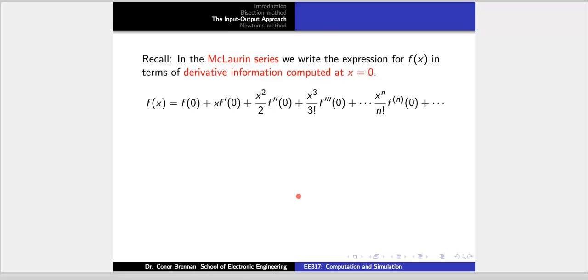Let's remind ourselves of some stuff we learned previously in mathematics. We learned about the Taylor series and the Maclaurin series. The Maclaurin series is a way of taking a general function f of x, and writing it in terms of a polynomial. It could be an exponential function, it could be a sine function, it could be any function whatsoever. It is possible to write that as a constant, which is the function value at 0, plus x times the first derivative at 0, plus x squared over 2 times the second derivative evaluated at 0, and so on and so on.